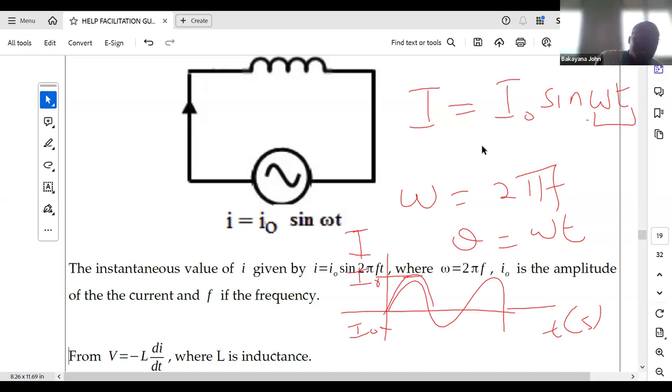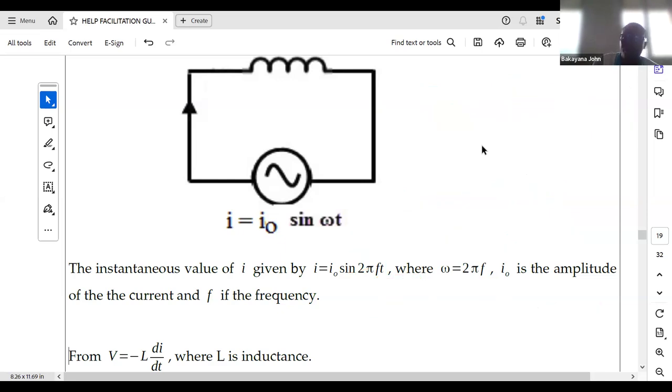So if we are given the sinusoidal current, then by definition of voltage from inductance, the voltage is given as negative L di dt.